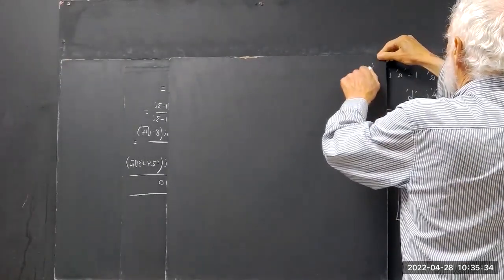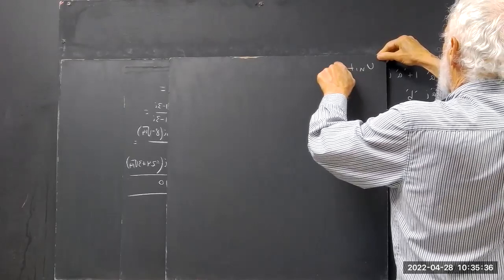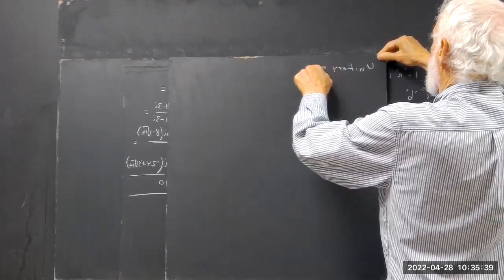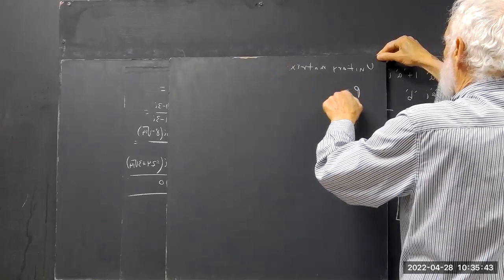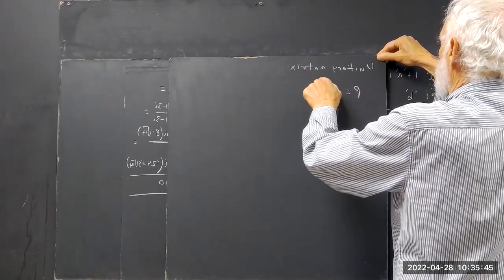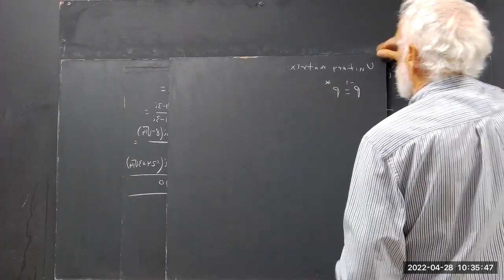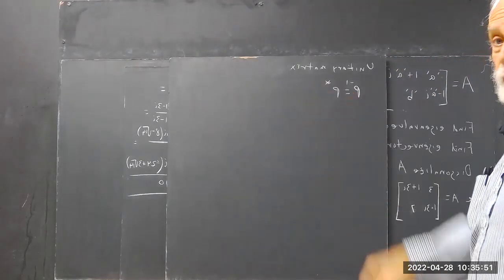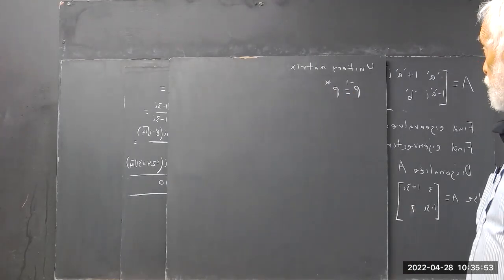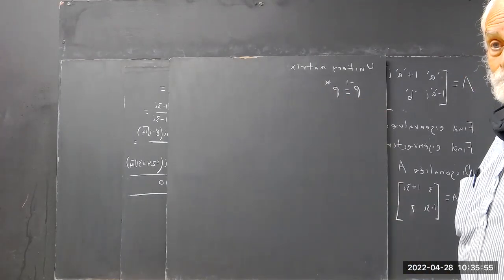Okay. For a unitary matrix, the inverse is the conjugate transpose. Okay.